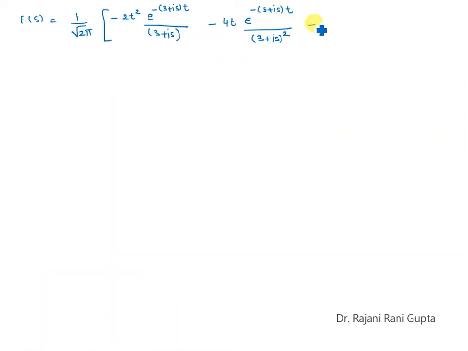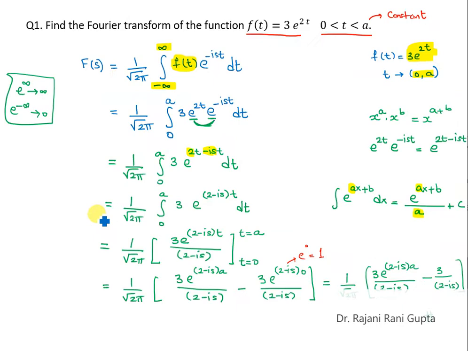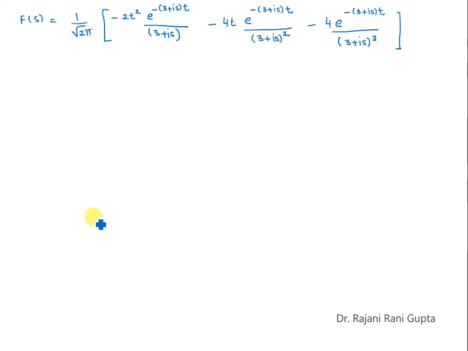So it becomes minus 4 e power minus (3 plus iota s)t over (3 plus iota s) to the power 3. And the limits, t varies from minus 1 to 1.